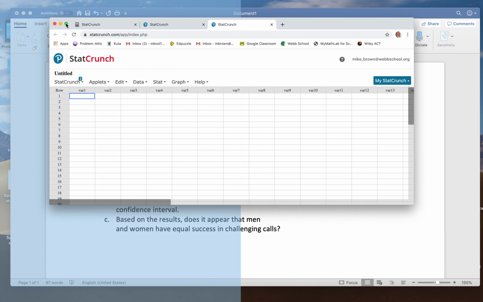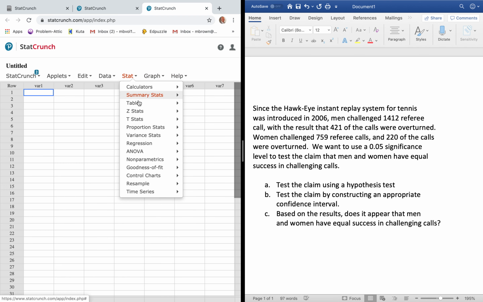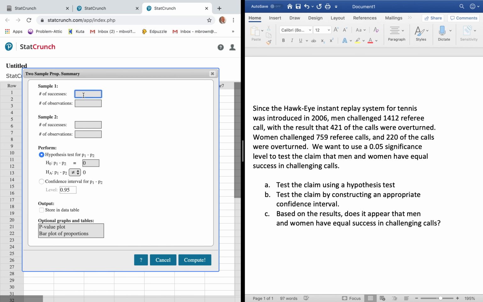Split the screen for me. All right. When you go to StatCrunch, we go Stat, Proportion Stats, 2 Sample today, because obviously we're doing 2 different samples. Go with Summary. We're going to type in the successes. For the men, it was 421 successes out of 1412. For the women, it was 220 successes out of 759.